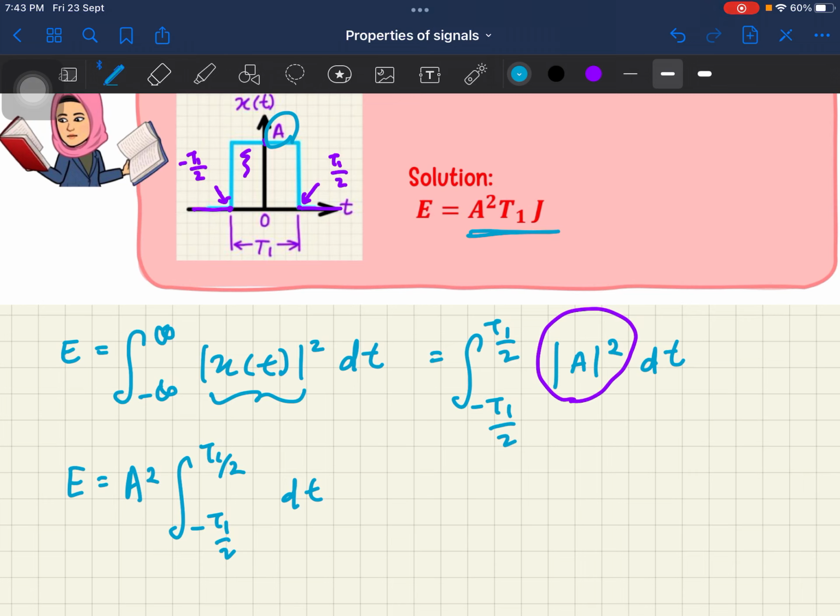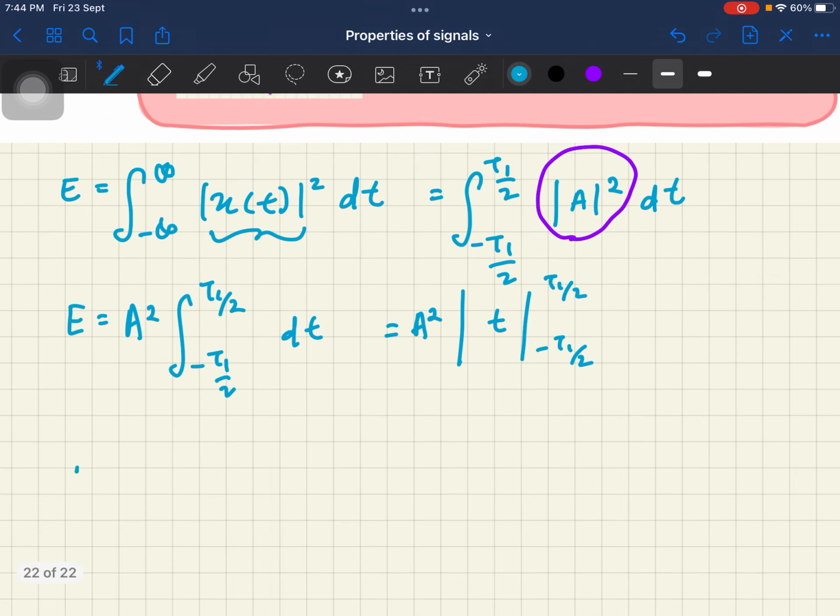If we integrate that, we get A squared times t, with the limits T1 over 2 and minus T1 over 2. Now we substitute the limits into t, so we will get E. I believe you know how to solve this from your basic mathematics class. T1 over 2 minus of minus becomes plus T1 over 2.